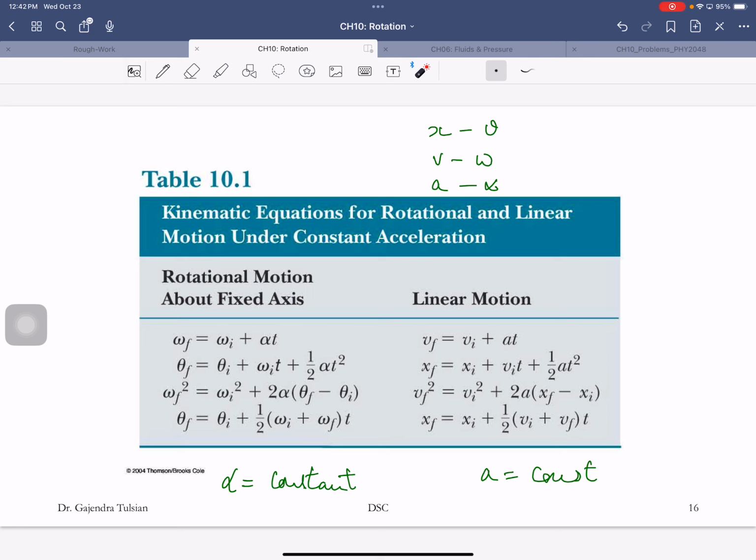For constant angular acceleration, here are the kinematic equations giving you velocity and position as a function of time. From these equations, you can get all these equations by this simple replacement. If you replace x by theta, v by omega, a by alpha, for all these equations, you'll get the corresponding equation. So rotational motion of a rigid object about a fixed axis is very similar to linear motion.